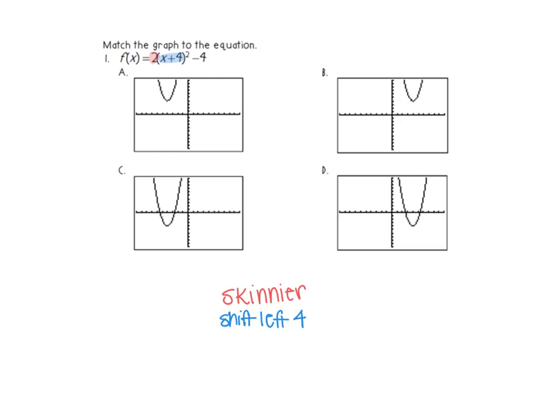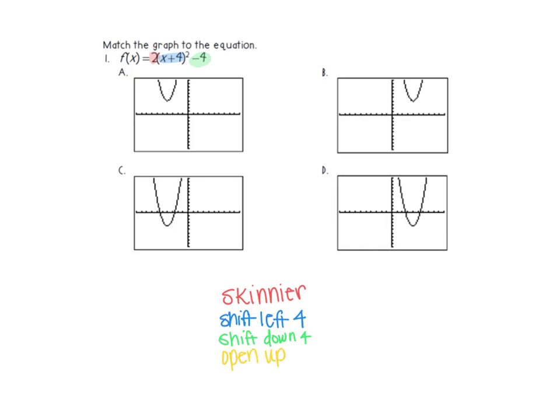And then for my K value, I have -4, which means shift down 4. And lastly, if I look at the A value one more time, is it positive or negative? It's positive, which means it's going to open up.